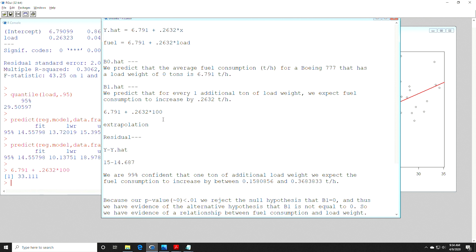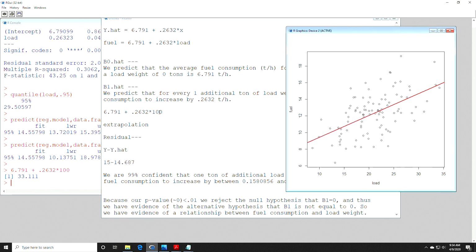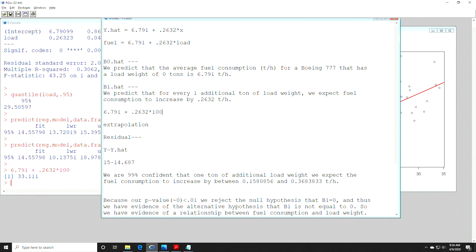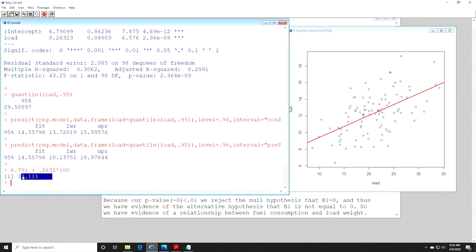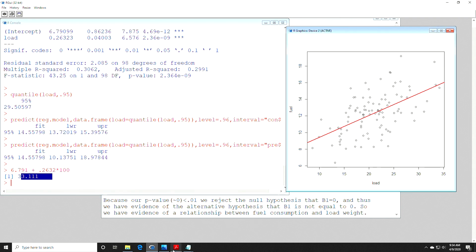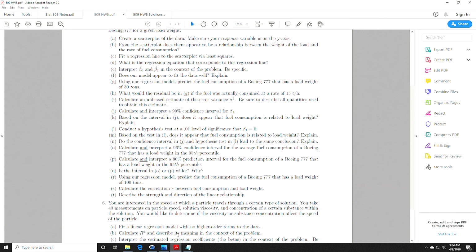It might not even be able to get off the ground. So it might not even make sense at all to think about predicting this value. Again, these are the reasons that we don't ever want to do extrapolation. It's a very bad thing. The model is only appropriate for predicting within the range of observed data.